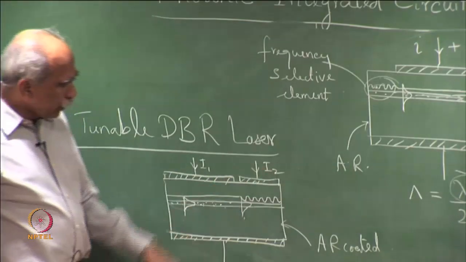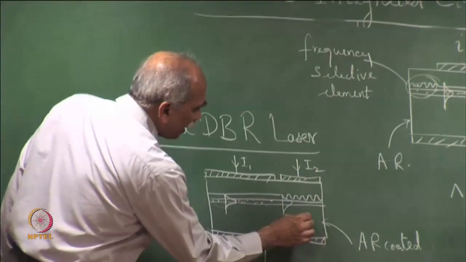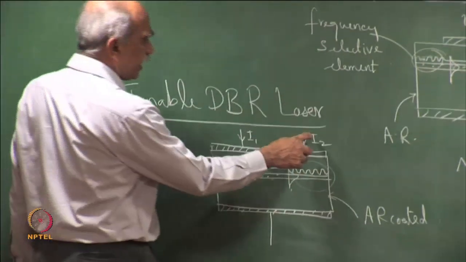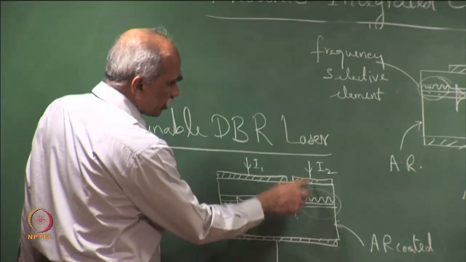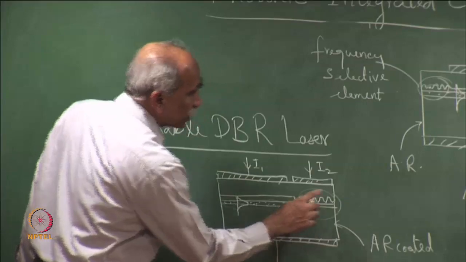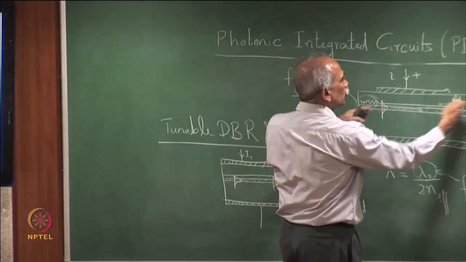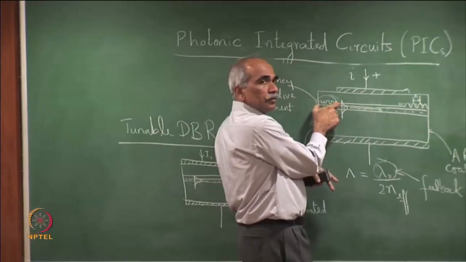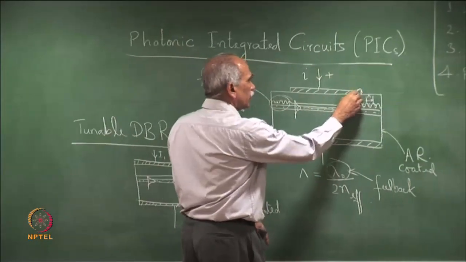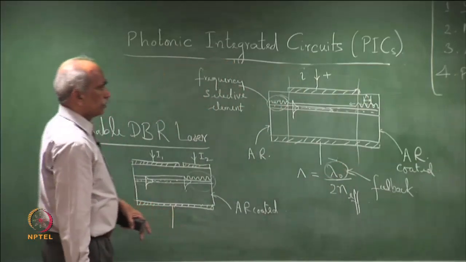Whereas the current I 2 is primarily to control the selected frequency, because a current injection leads to a variation in the refractive index. As we have already seen, in the earlier case the current was not flowing through the periodic grating element at the ends; current was flowing only through the active region, that is, gain is provided only there.